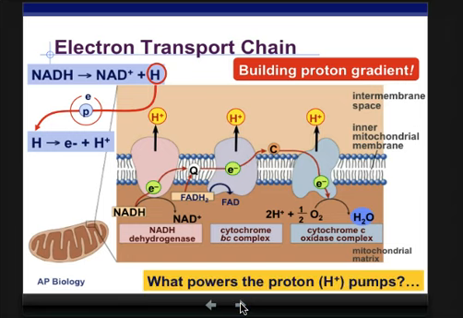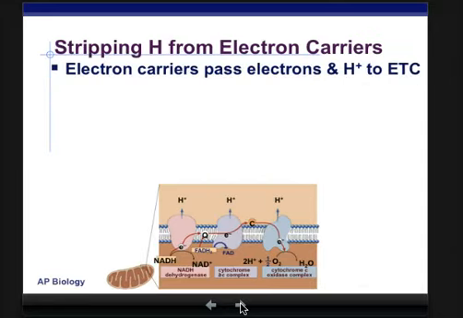So what powers the proton pumps? Stripping hydrogen from electron carriers, just to go over again how that occurs. Remember that oxidation refers to the loss of electrons to any electron acceptor, not just oxygen. Hydrogen is cleaved off of NADH and FADH2.